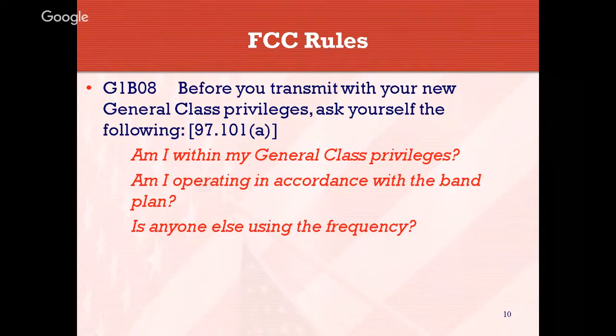In other words, you're not transmitting voice over the portion that's reserved for CW or Morse code operation. Also, is anyone else using the frequency? You don't just turn on your radio and start calling CQ, CQ, CQ. It's a good idea that when you turn on your radio, you listen across the bands, you tune, and you find a quiet frequency that you think is not being used.